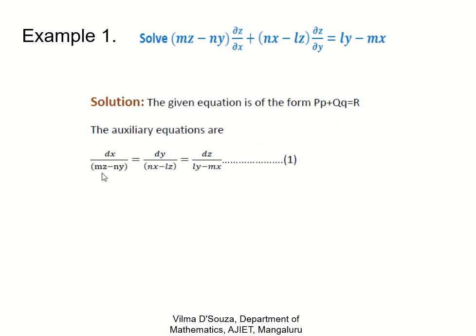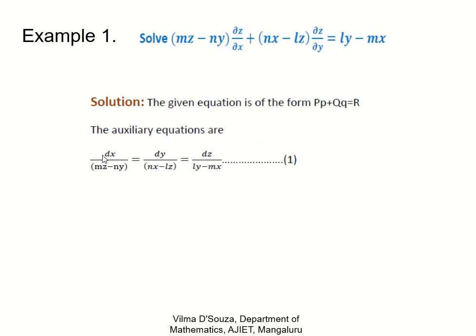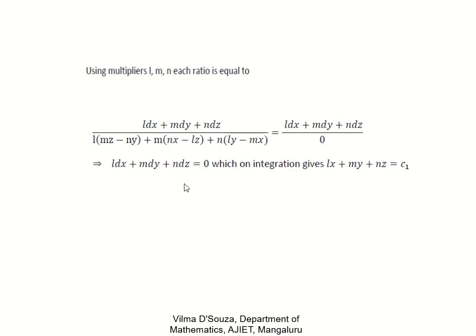Use the multipliers l, m, n, so that each ratio will be equal to l dx plus m dy plus n dz divided by l into (mz minus ny) plus m into (nx minus lz) plus n into (ly minus mx). See, verify, what do you get?